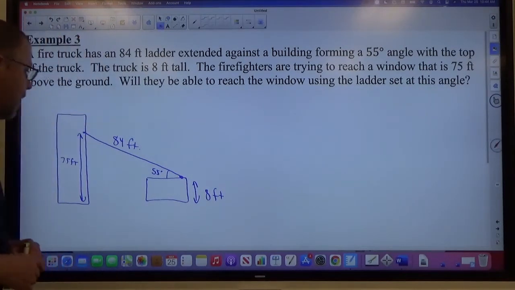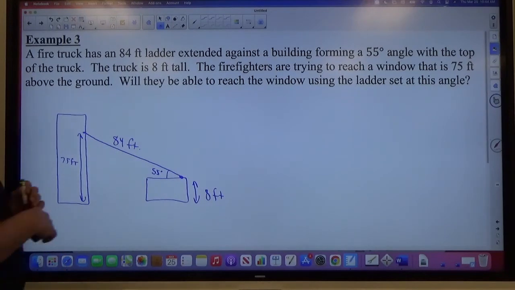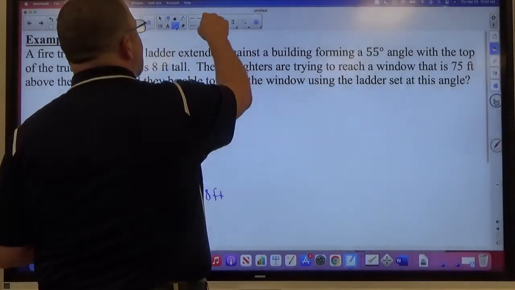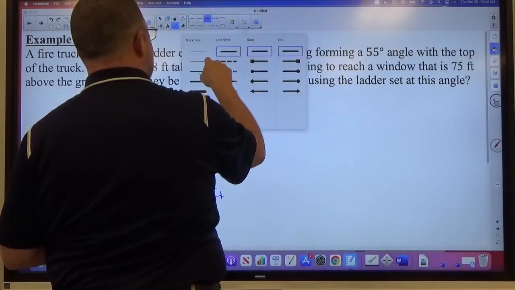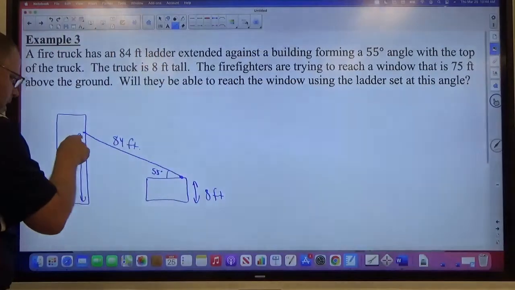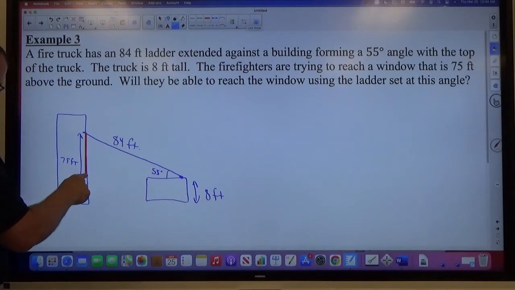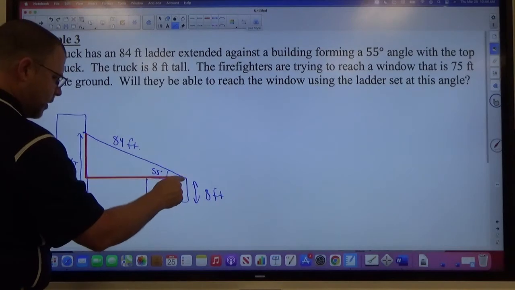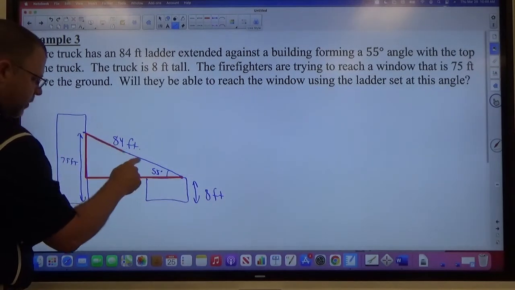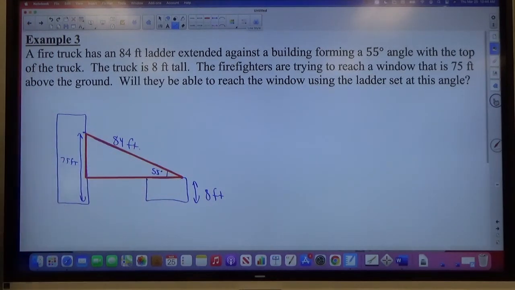And if I'm trying to find a right triangle in this picture, I'm going to do it like this. Here's my window. I'm going to draw it down to the top of the truck, and then I'm going to go across here and there. So again, I want to see right triangles in the pictures.